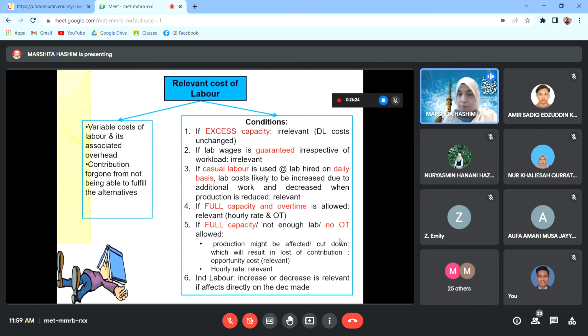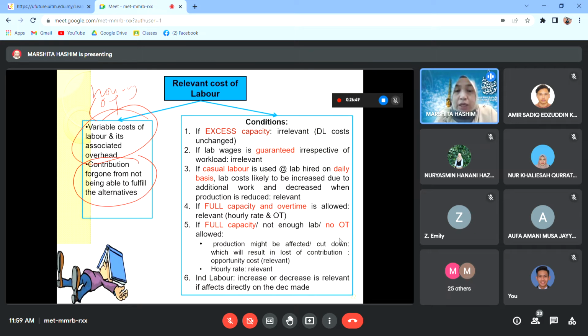Now regarding labor. In general, variable labor cost and its associated overhead cost are relevant, for example your hourly rate and also overtime pay. And then contribution foregone for not being able to fulfill the alternative is also considered a relevant cost for labor.